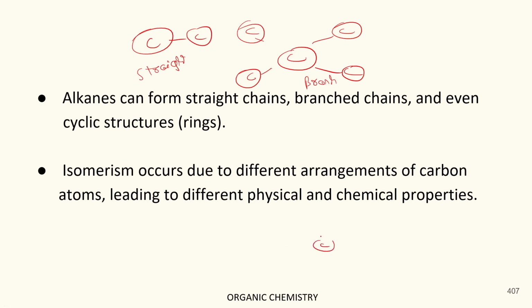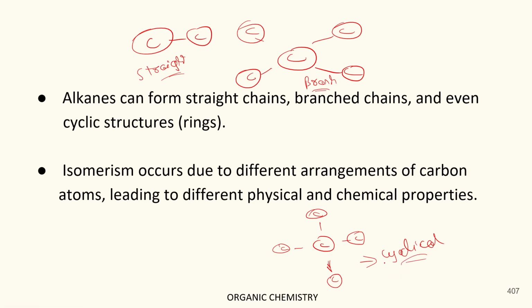And if it's like this one, then this is a cyclical form. Remember it. So the first one is a straight example, the second one is for the branch, and the third one is for the cyclic.